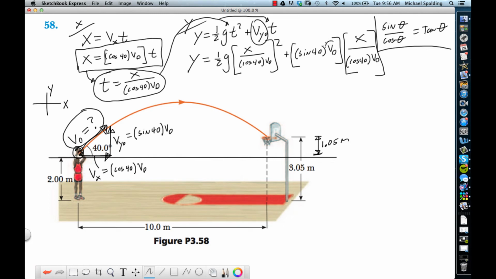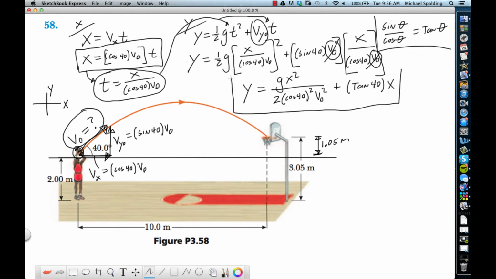What do you notice about this V initial here and this V initial here? They cancel. And then notice we have sine over cosine. So now this is going to be y equals g x squared over 2 cosine 40 squared V initial squared plus tangent 40 x.